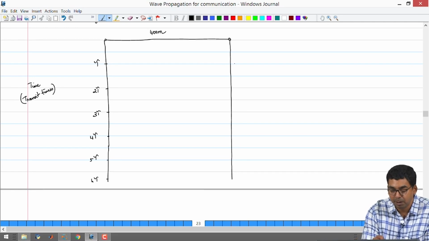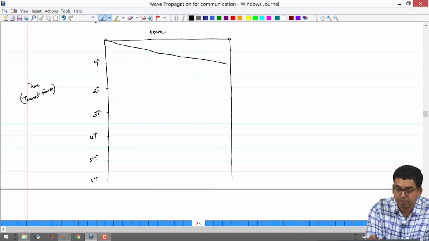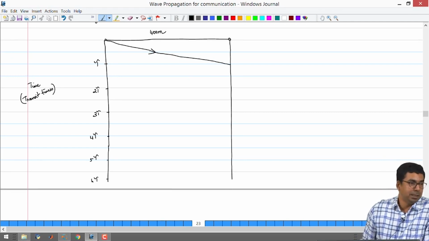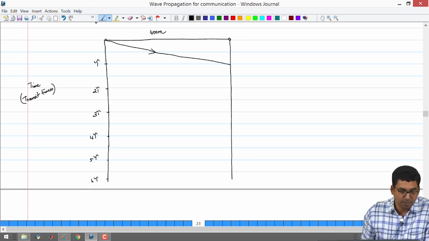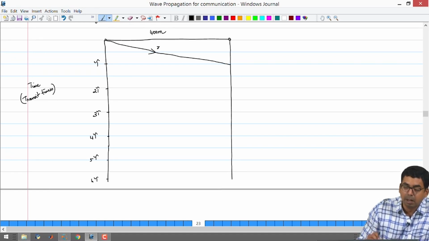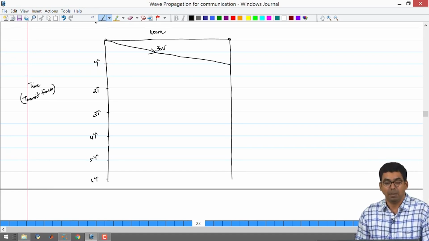So, what we do is we take the coordinate corresponding to one transit time on the other side, and we draw a line connecting this, and we mark an arrow saying that the voltage is traveling in this direction in the transmission line. In order to be clear about the value, you can just indicate the value as 30 volts traveling from left to right.